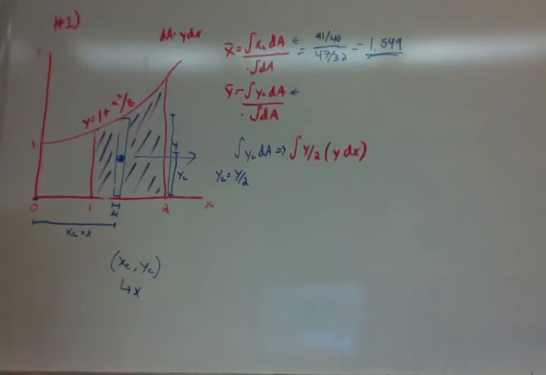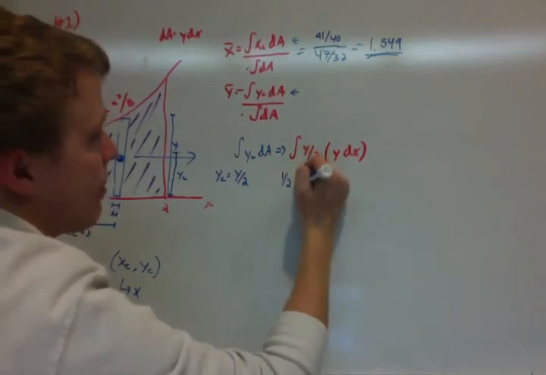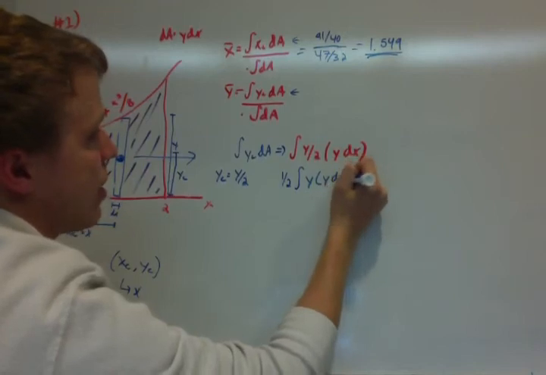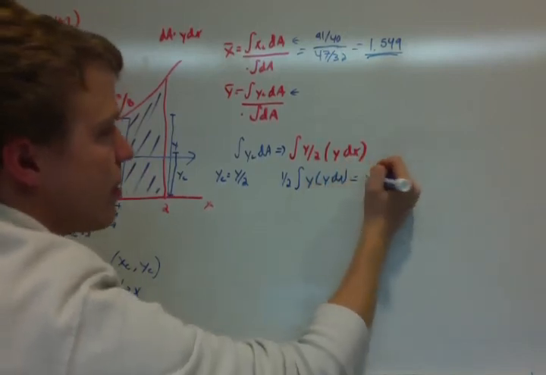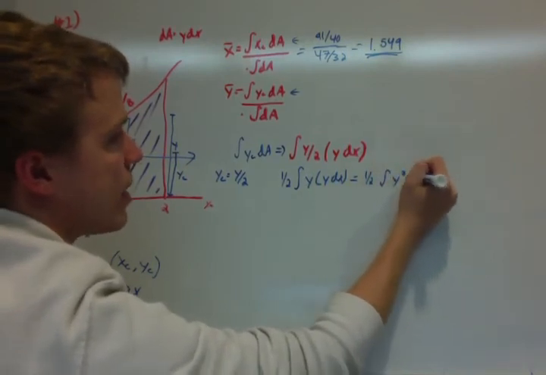So just, I don't like red, sorry. We're going to go back to blue. So if we pull out the 1/2, simplify things up, then we have y times y dx. So then y squared dx, 1/2 integral of y squared dx.